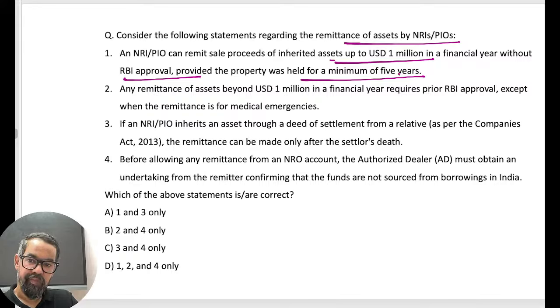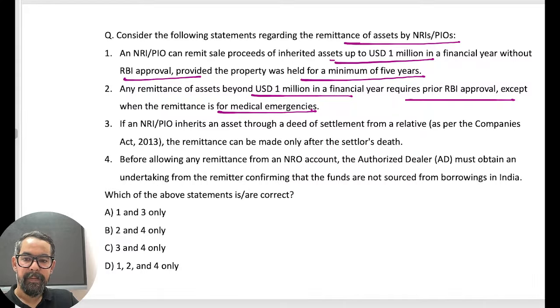Okay. It should be wrong actually. When you have owned property for more than 5 years and all, he should take आपका RBI approvals. Okay, next one.